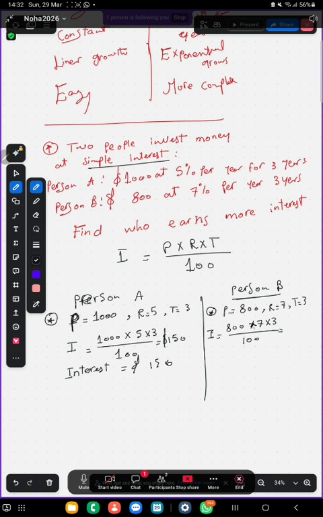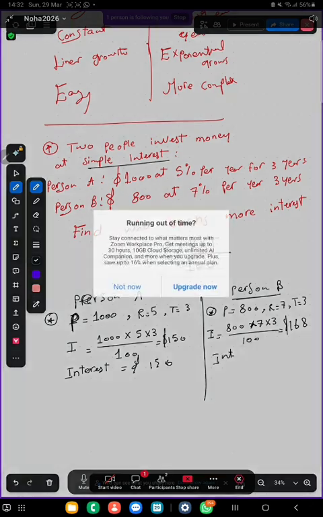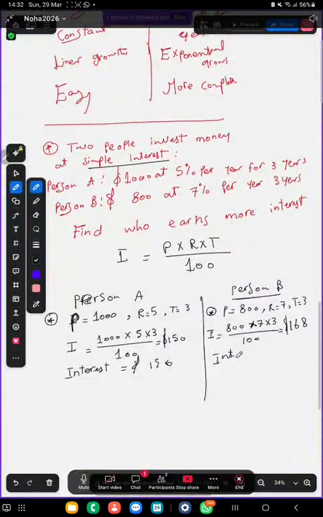After cancelling the two zeros, 8 times 7 is 56. 56 times 3: 50 times 3 equals 150, 6 times 3 equals 18, and 150 plus 18 is 168. So my interest is $168.